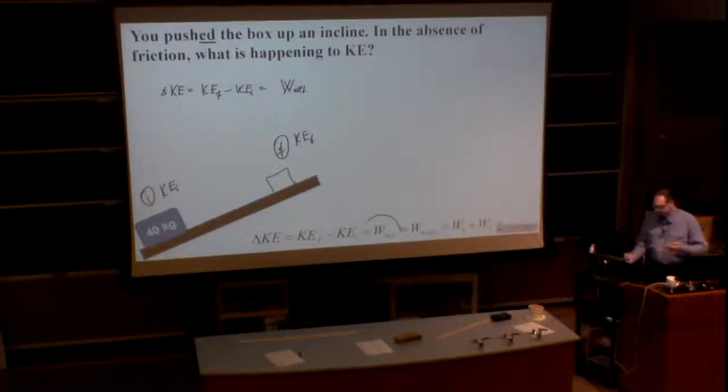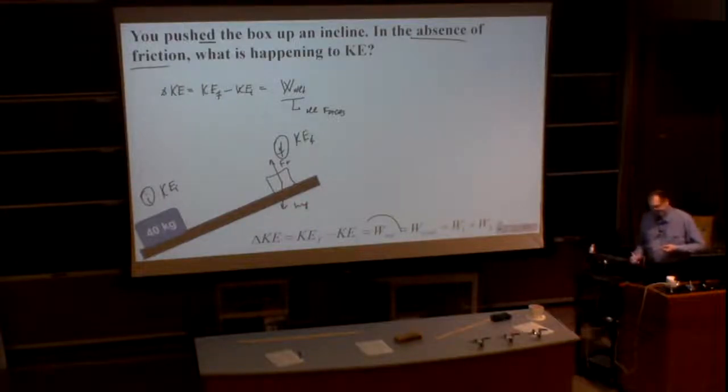So we said net work done by all forces. That means we have to say something about forces. As long as we said the word force, it forces us to talk about forces. Remember that. But that's not a new situation. We've discussed it before. There is force of gravity, normal force, and no friction.